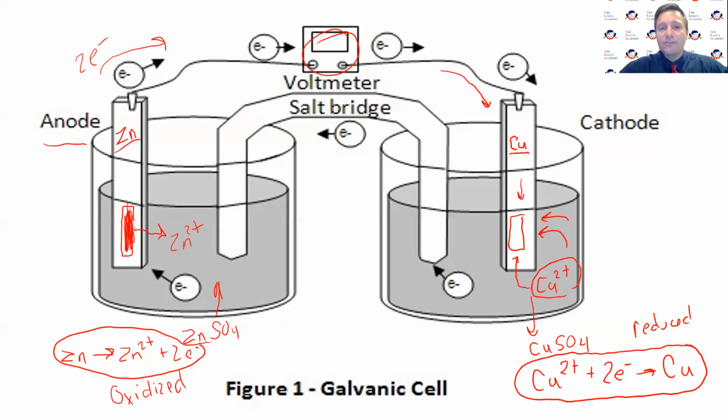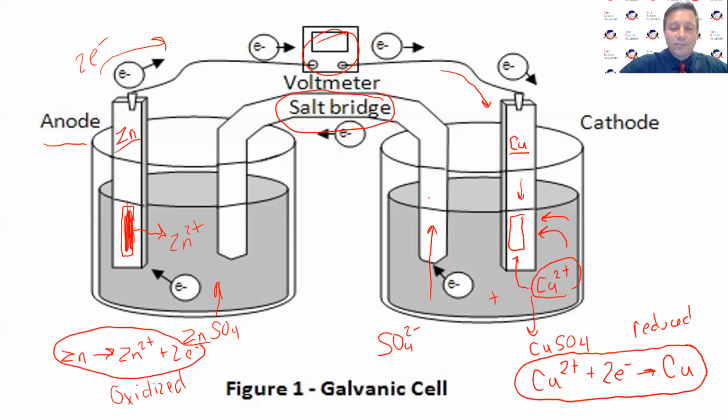If we did not have this salt bridge right here, this reaction would only run a little while and then it would have to stop. What ends up happening is we end up having the sulfate ion, SO4 2 minus, leave the solution.